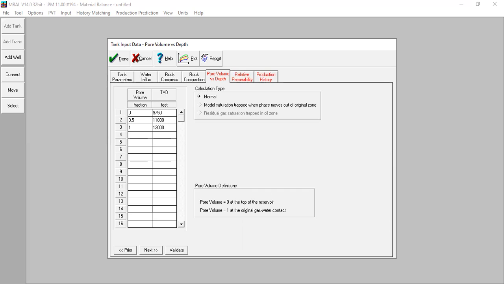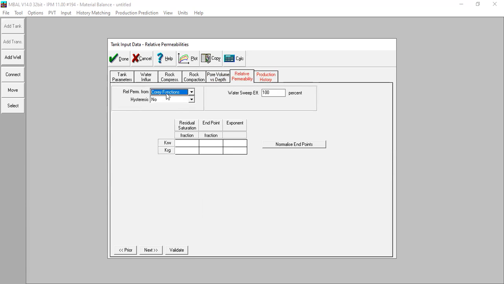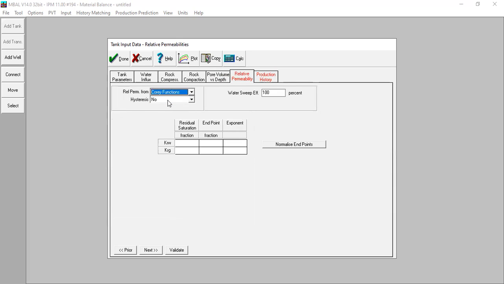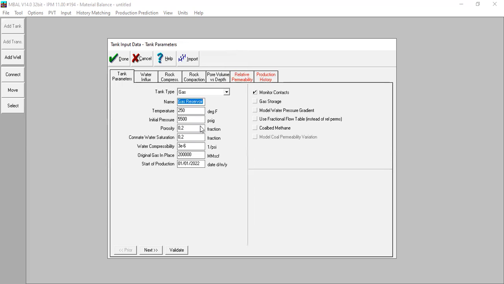Okay, and then relative permeability, Corey function. Okay, if you select tables, then you will need to provide more detailed data like this one, but I prefer Corey functions to make my life simpler. Residual saturation for water, 0.2, like what I input in connate water saturation, right?